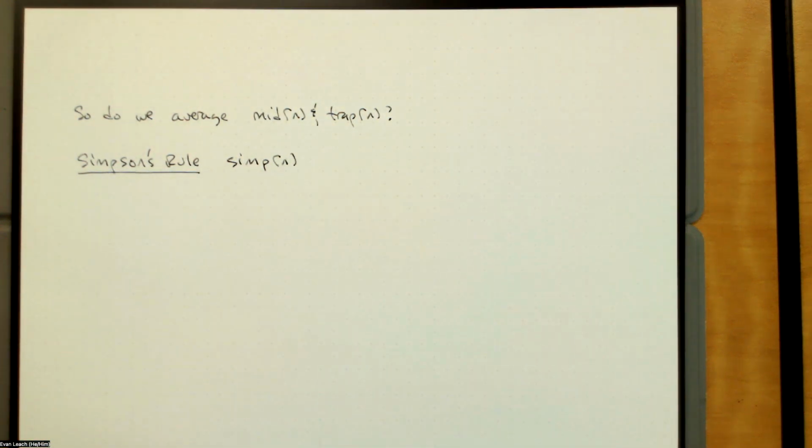Simpson's rule is a weighted average of 2 midpoint rules and 1 trapezoidal rule.